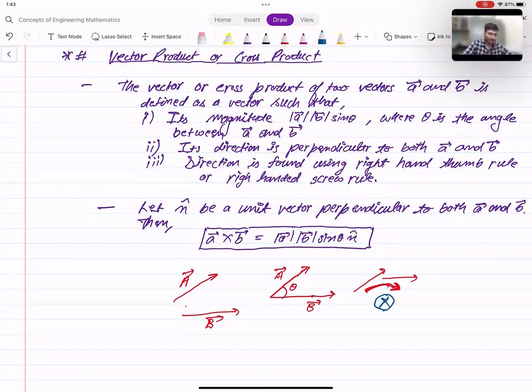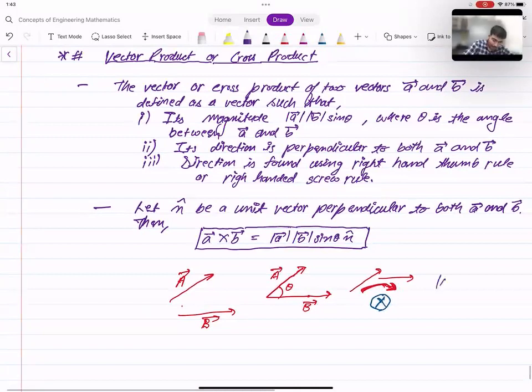So the magnitude can be written as follows. Since we are writing the magnitude, we have taken the capital letters.